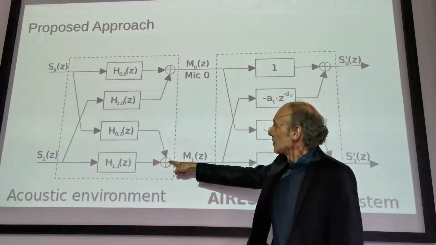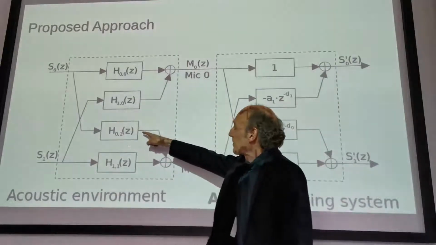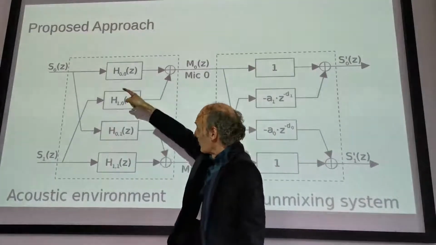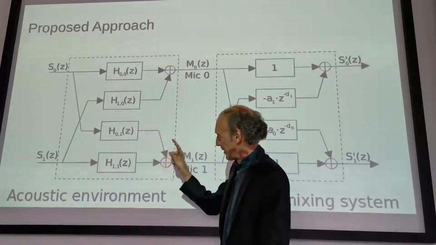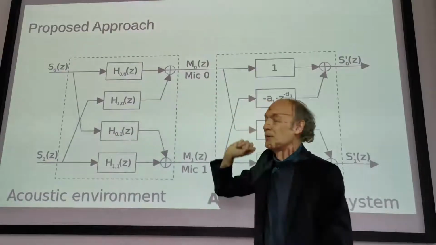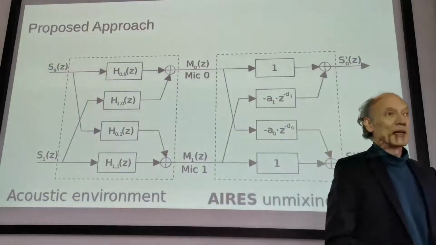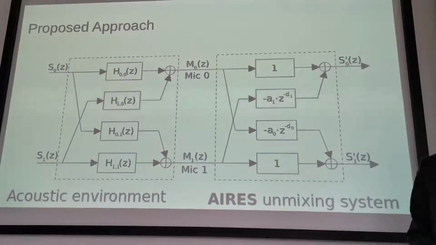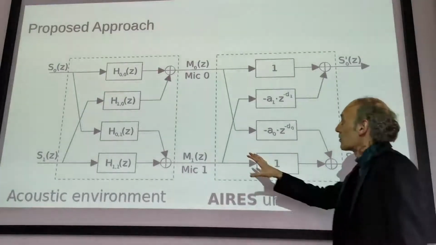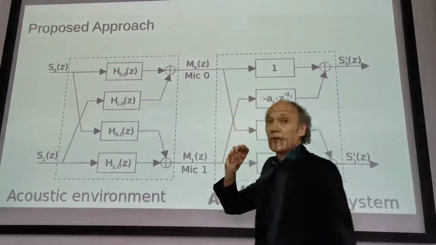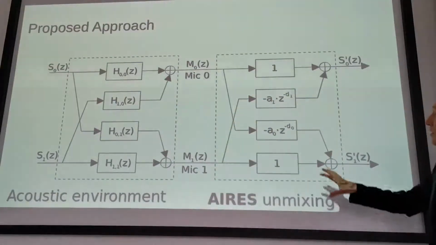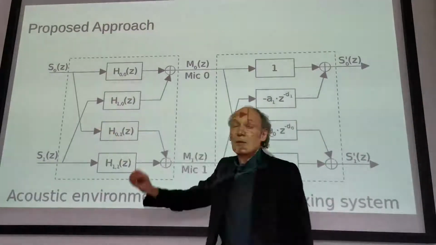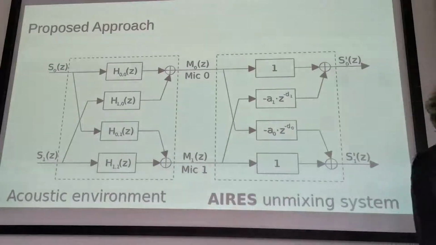And both microphones have two voices, but at slightly different delays. So at this microphone, source 1 comes slightly later. In this microphone 1, source 0 comes slightly later. And at microphone 0, source 1 comes slightly later because of the slightly different distance to the microphones. So this is what we could use. We have two microphones where the mixes have slightly different delays, and then we can formulate this mixing process as a matrix multiplication with delays.